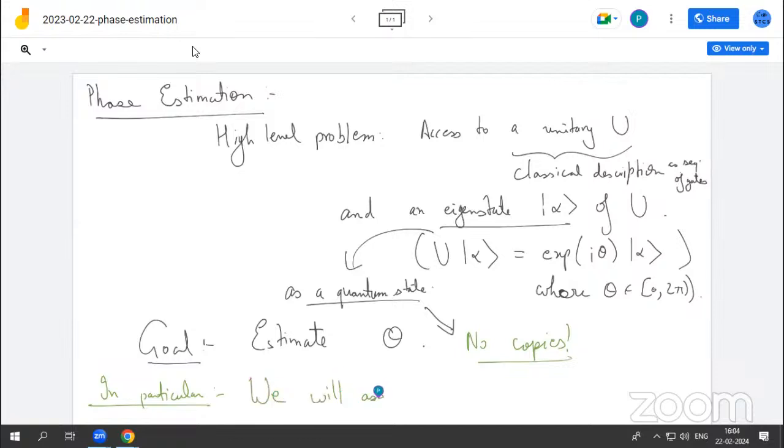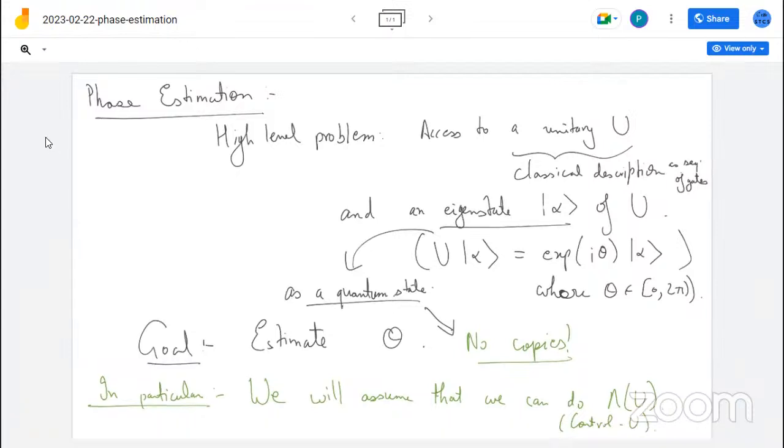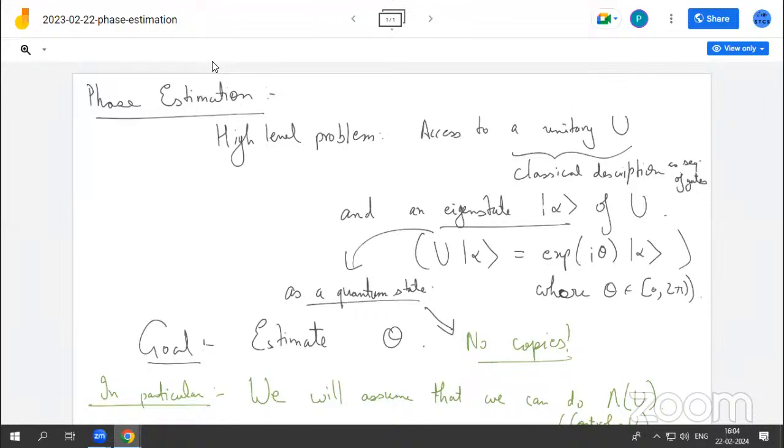For now, we can. But later on, we'll have even more assumptions. Assume that we can do control U. So now, given that we can do control U, is there a way?